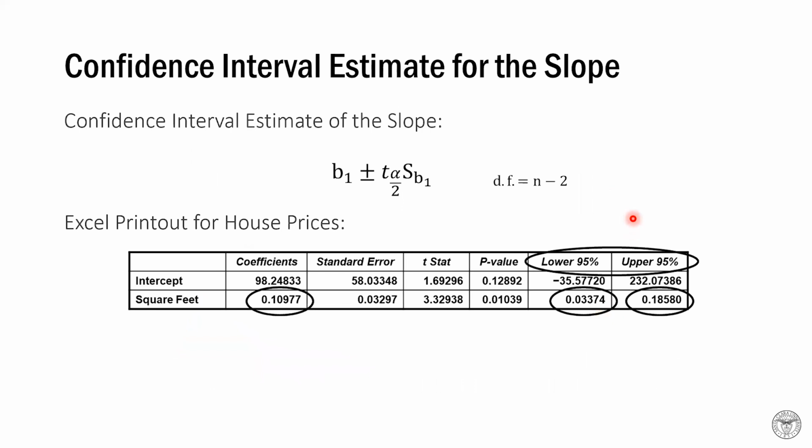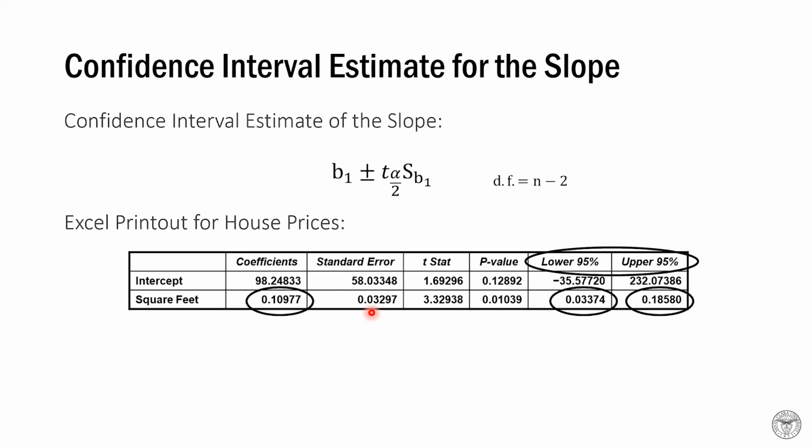Based on the above analysis, we can also set up the confidence interval for the slope, which is given by b sub 1 plus or minus t sub alpha over 2 times capital S sub b sub 1. The slope b sub 1, the standard error capital S sub b sub 1, and the t statistic are all provided by the table.